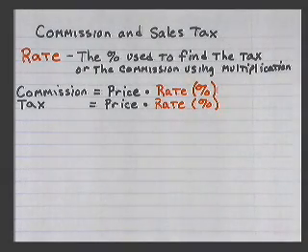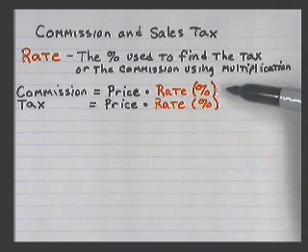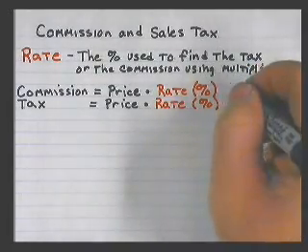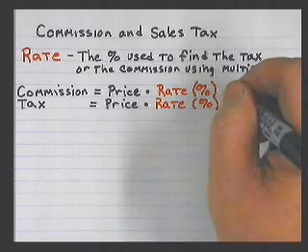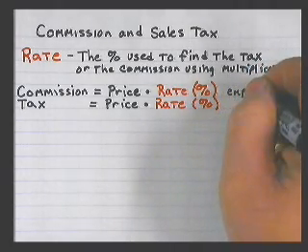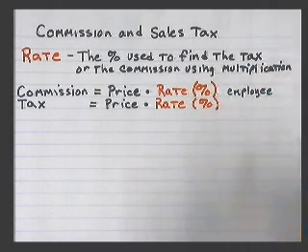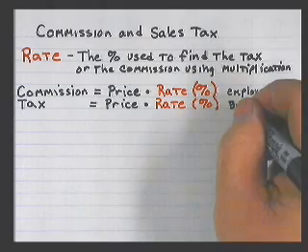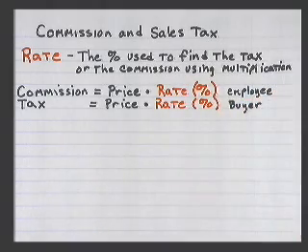You're going to find the same thing. Commission and tax: one goes to the person selling. The commission goes to the employee, and the tax is paid by the buyer. Okay, that's you.